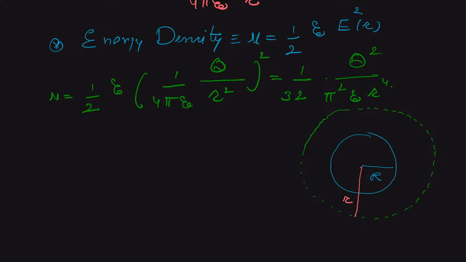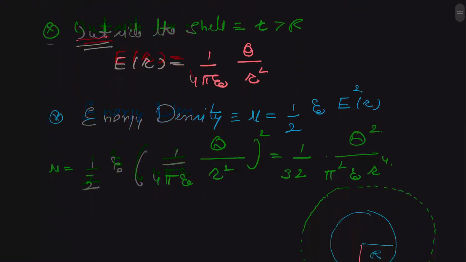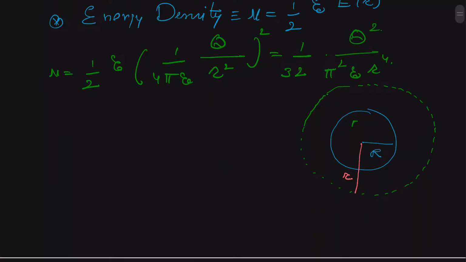We also found out that our electric field inside the shell is equal to 0, and outside the shell in this shaded area we found out this electric field is E of r. Okay, based on this we found out our energy. It means the entire energy will be lying only between this ring basically, and that ring is between R and small r.